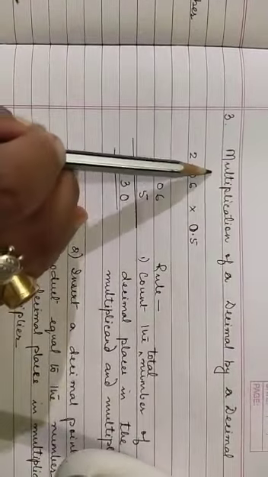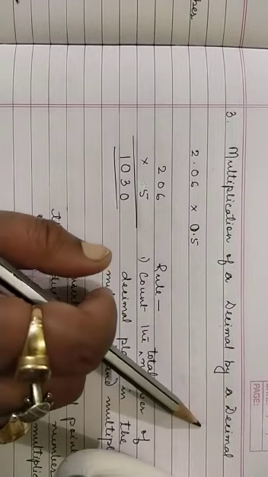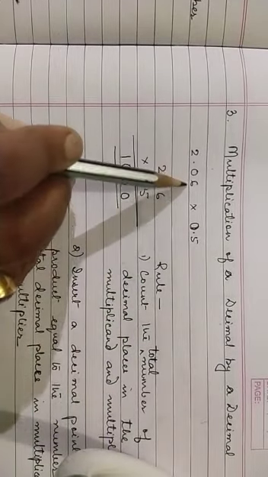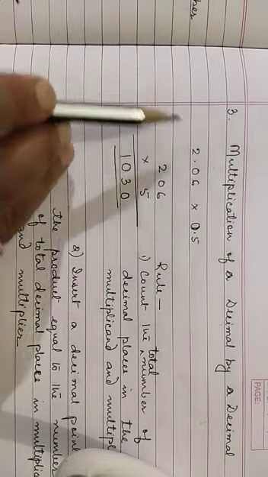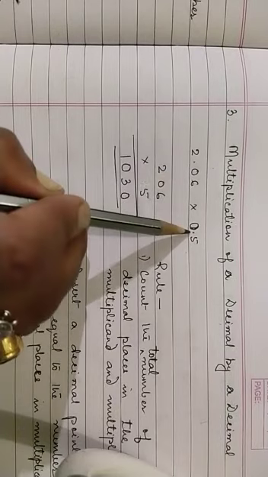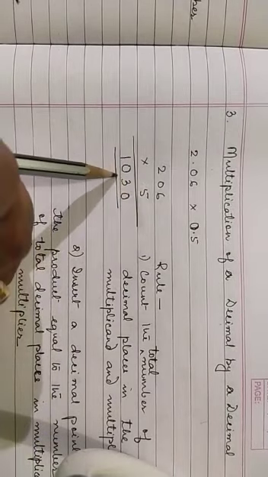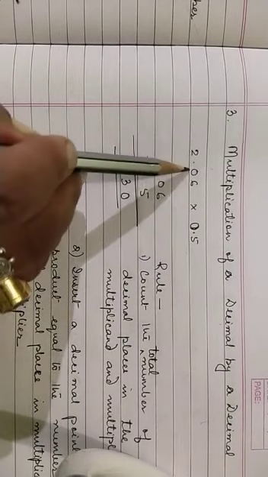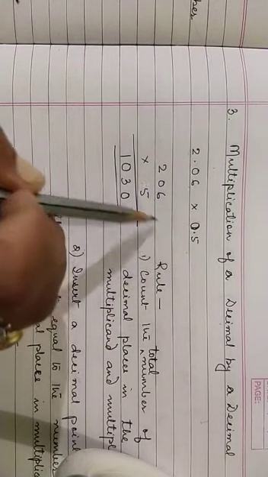Now, multiplication of a decimal by a decimal. 2.06 into 0.5. First thing you will do is, without the decimal point, you will write the numbers and do simple multiplication. See, 2.06 is written 206, 0.5 is written 5.